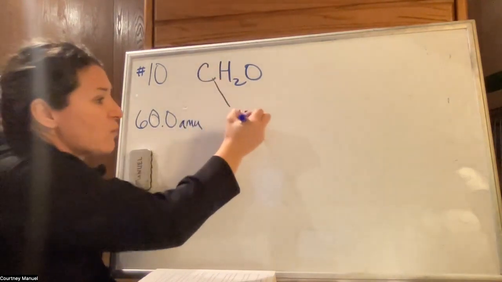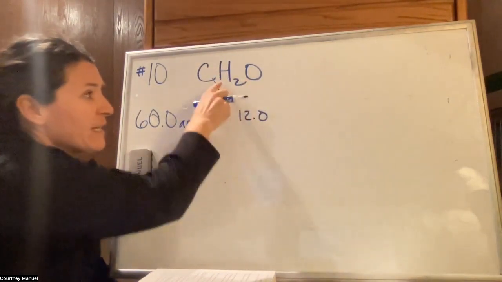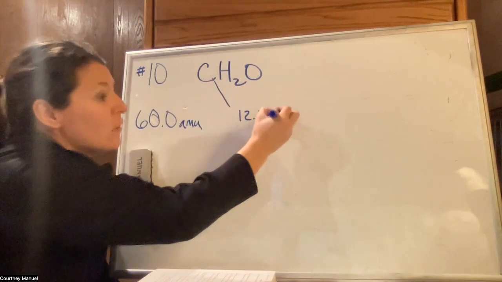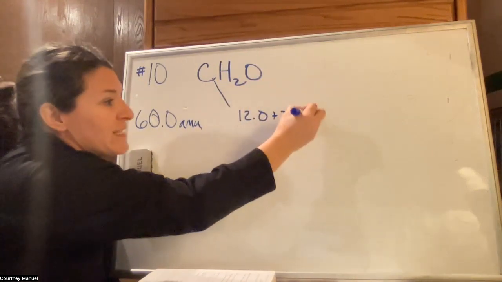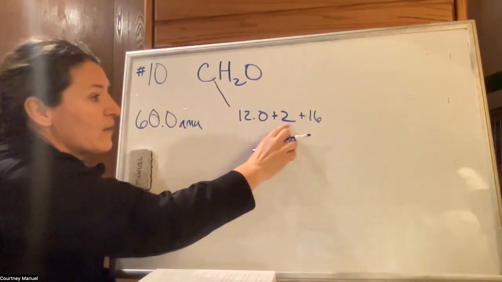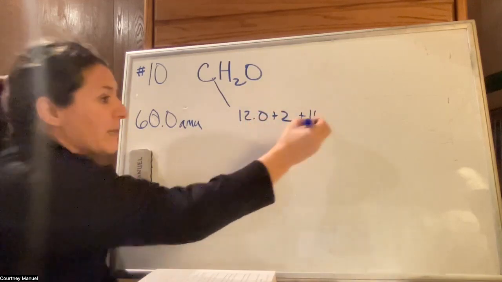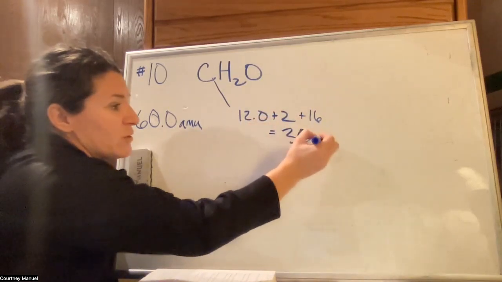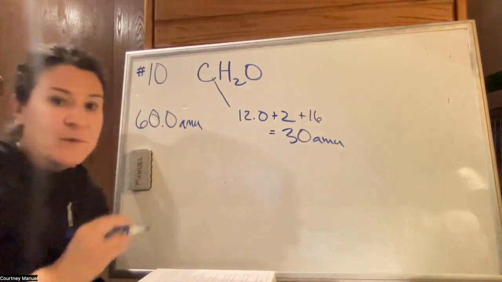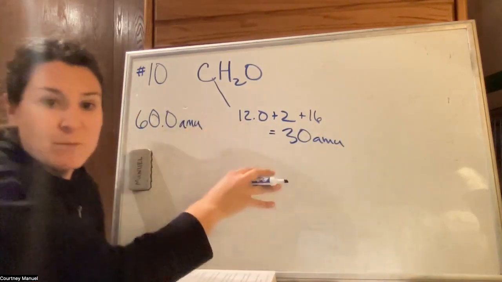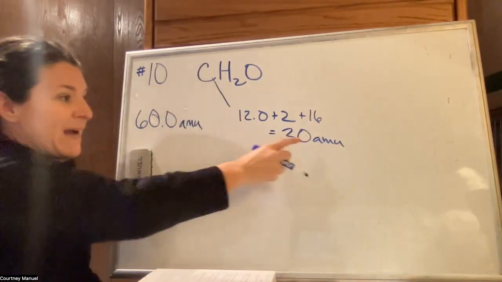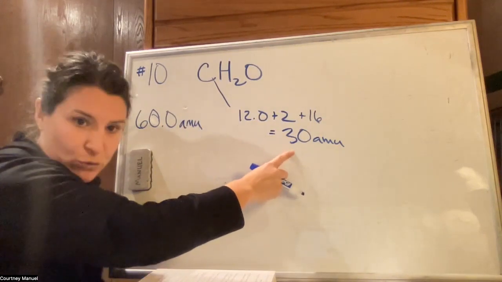So carbon weighs 12.0. Hydrogen times 2 weighs 2. Oxygen is 16. So we have 30. This is 30 AMUs.